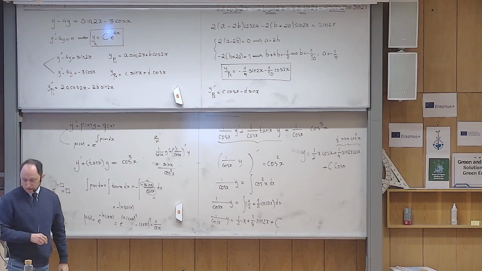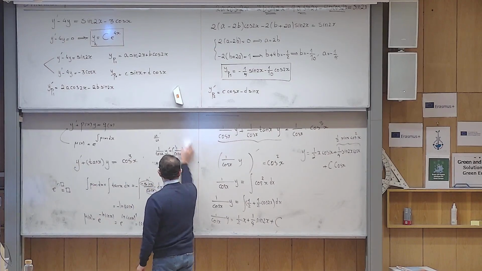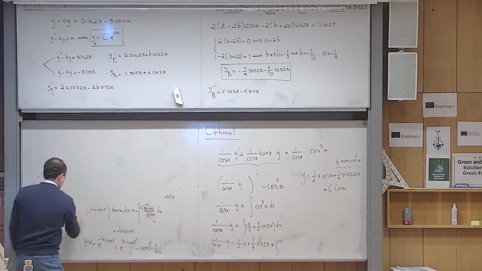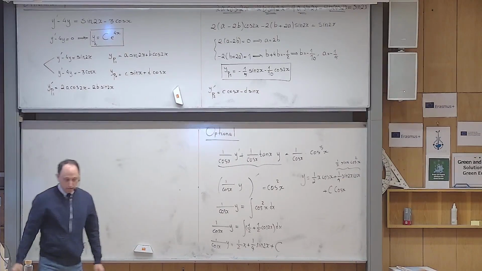But this is the differential equation. This is an initial value problem. So I want you to solve this initial value problem. We will not have time to solve it now, but if we have the opportunity, we will solve it later.